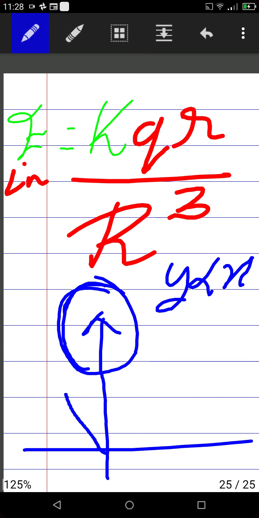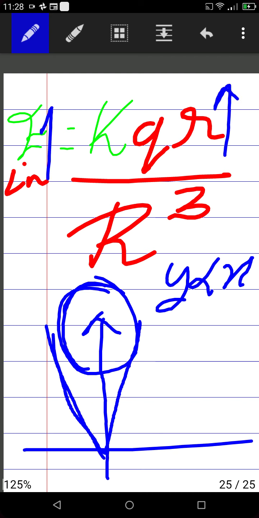As the r value increases, the electric field also increases. On the surface, the electric field is maximum. After that, it will go like this.